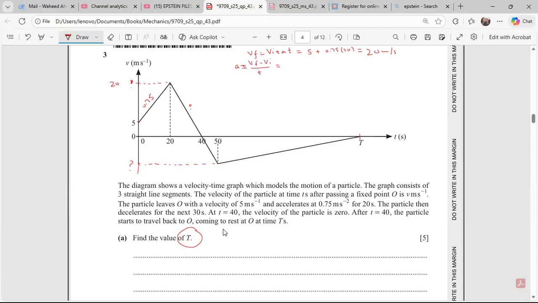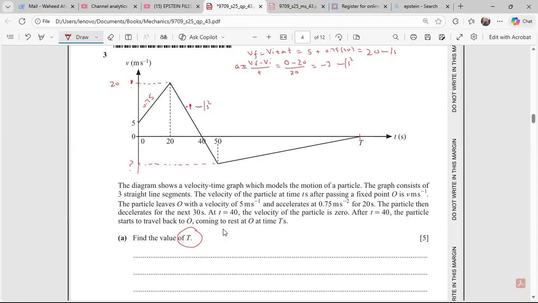The final speed was 0, the initial speed is 20, and the time is also 20 seconds. So the acceleration is minus 1 meter per second squared in this section.